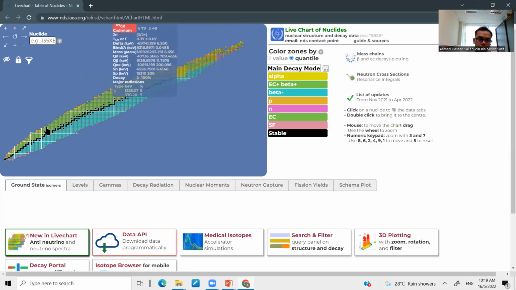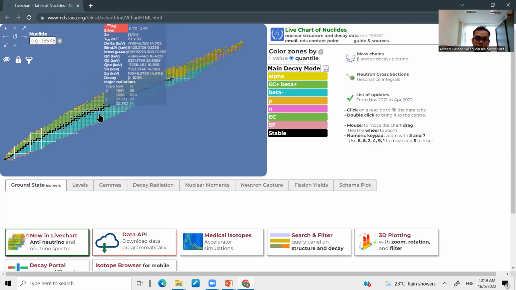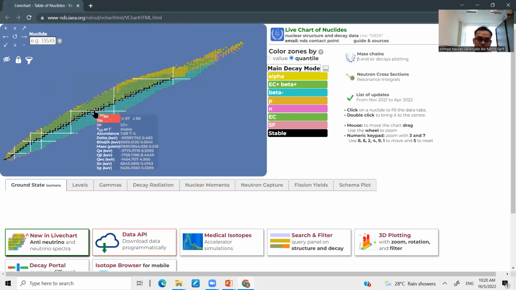At the bottom of the stable nuclides are beta minus decay, so these are neutron-rich nuclides. The black is stable nuclide, and on top of that there are proton and neutron emission.